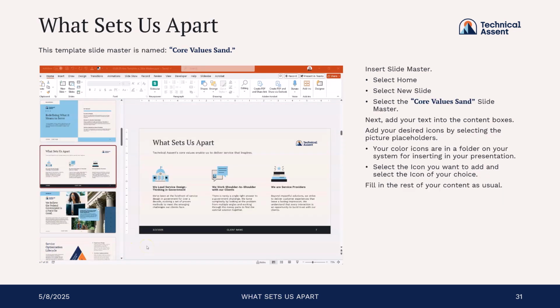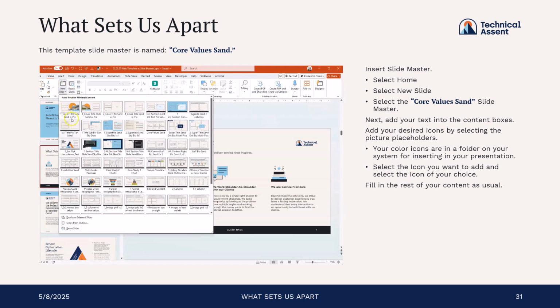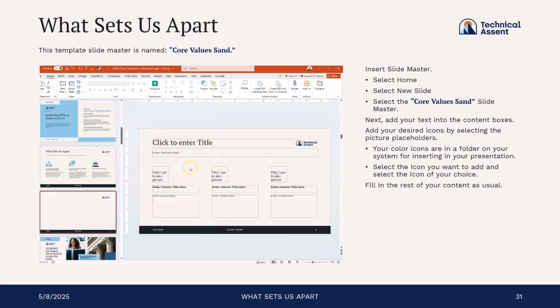This template slide is named Core Values Sand. Let's insert the slide master. And this is how it looks. You already know how to fill in your content, so let's just concentrate on this.